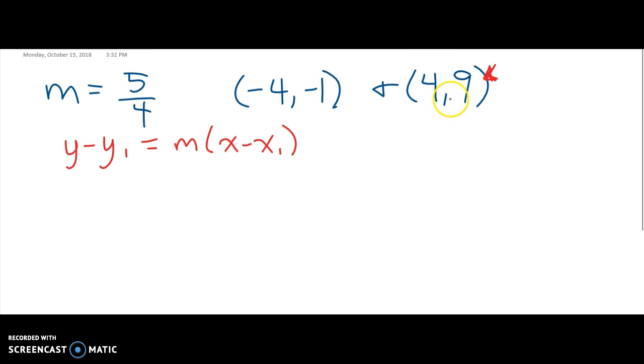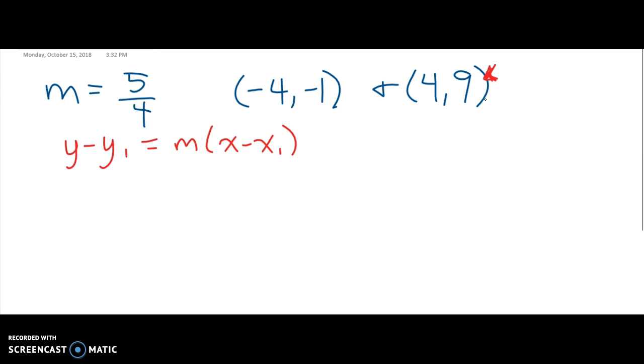They're both positive, so it's just a matter of plugging them into your equation. If you had these negative signs here, you would have to simplify. So I think that with 4, 9, you don't have any extra signs to worry about, and that's going to be the easiest point to use in your formula.